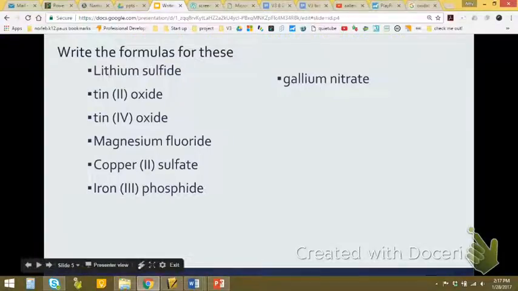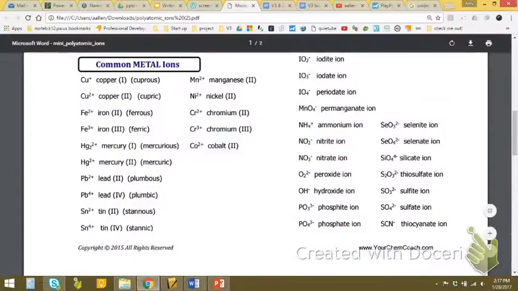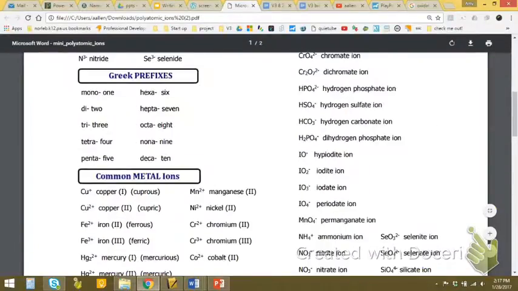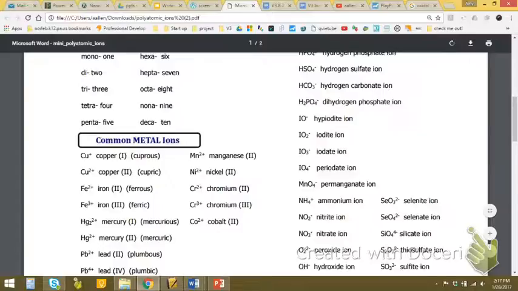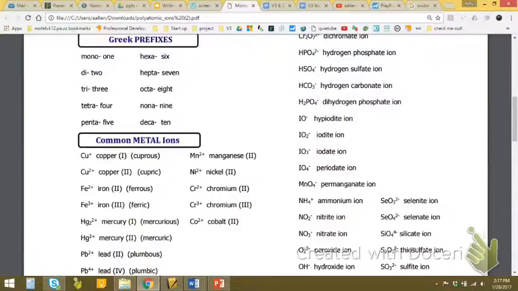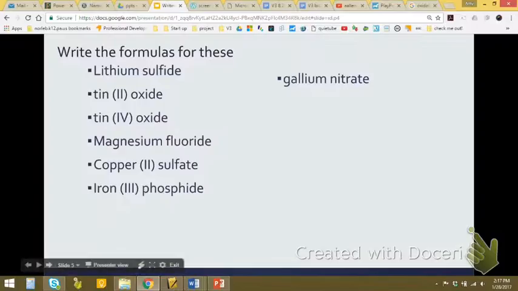And nitrate is a polyatomic ion. So let's start by writing gallium +3, and then let's go find nitrate in the polyatomic ion list. Nitrate, NO3, and that has a -1 charge.